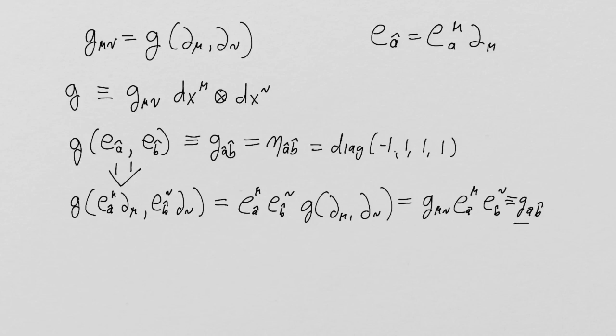So now I can always find the magnitude. I can now use this to raise and lower tetrad indices.